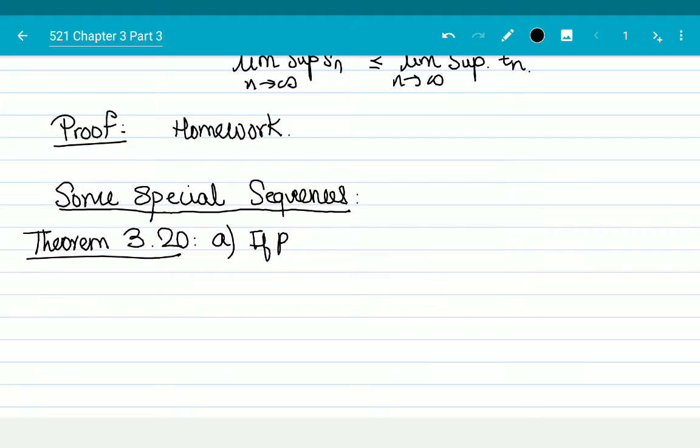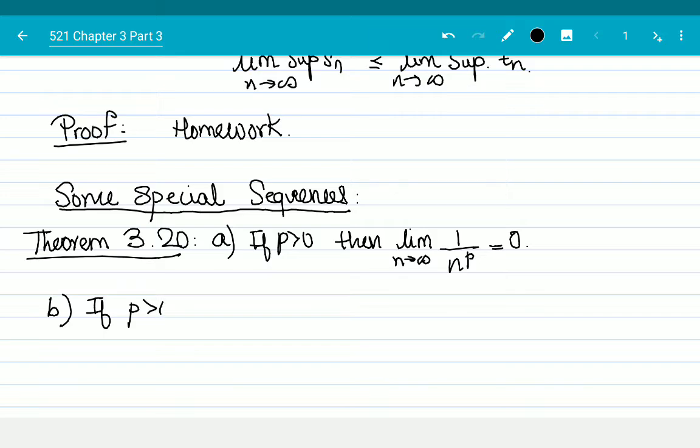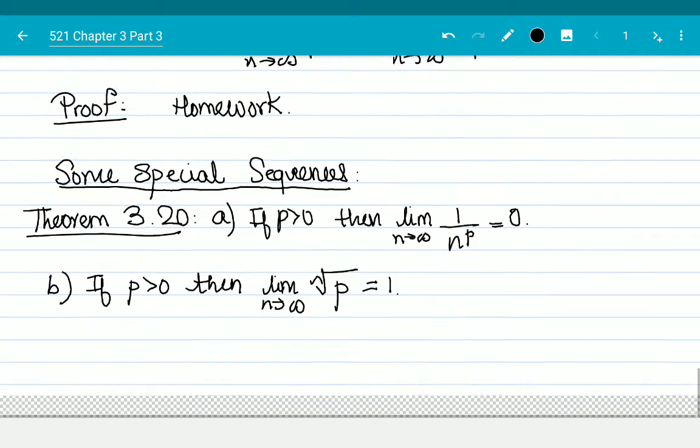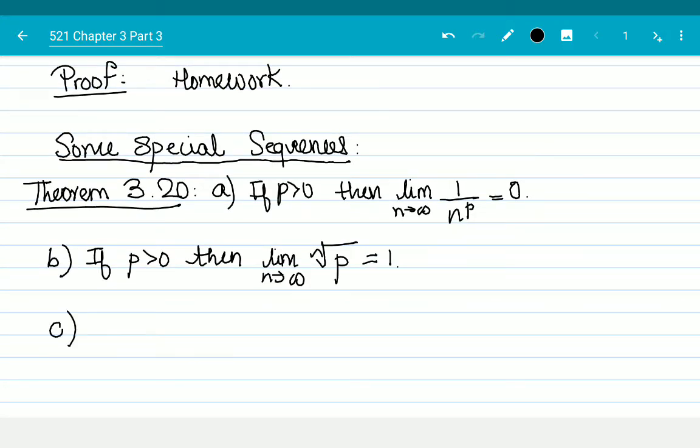If p is greater than 0, then the limit as n goes to infinity of 1 over n to the p is equal to 0. B, if p is greater than 0, then the limit as n goes to infinity of the nth root of p is equal to 1. C, the limit as n goes to infinity of the nth root of n is equal to 1.